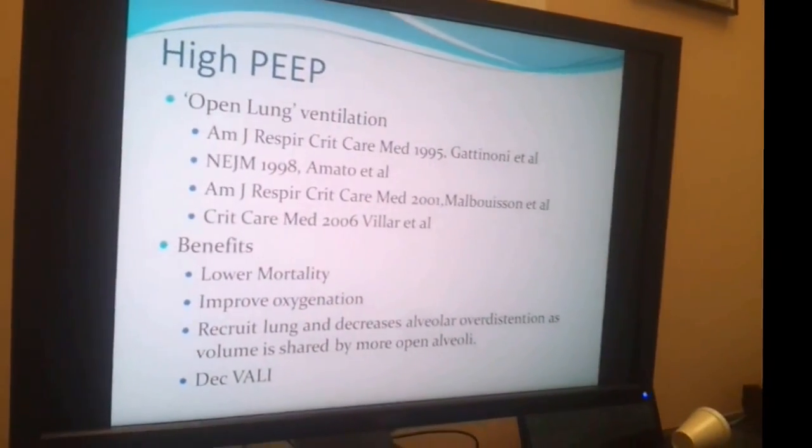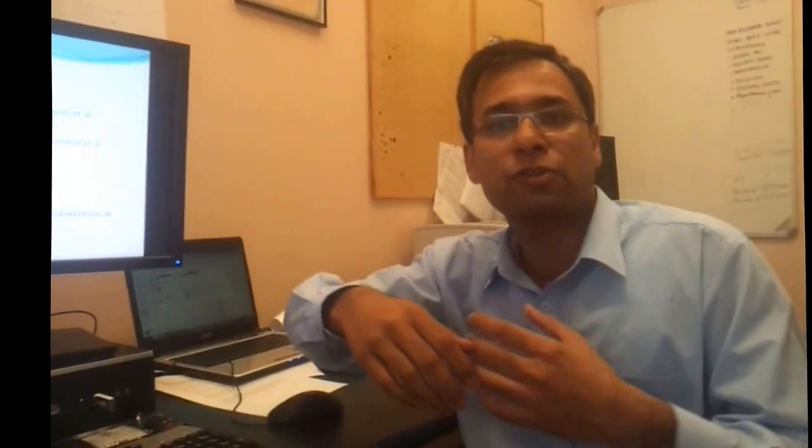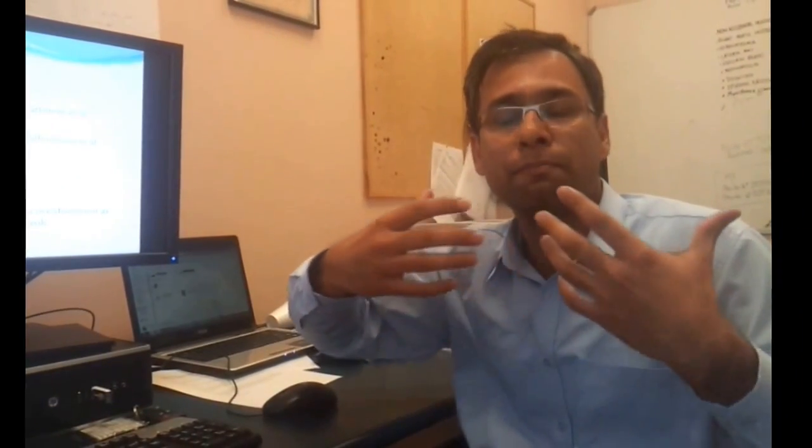For example, if alveoli at the bottom are collapsed and you are giving lower PEEP and only that amount of air, only the alveoli which are taking part in exchange are the top ones. The bottom ones are essentially working as dead space ventilation, and blood is going through, there is no oxygenation happening.